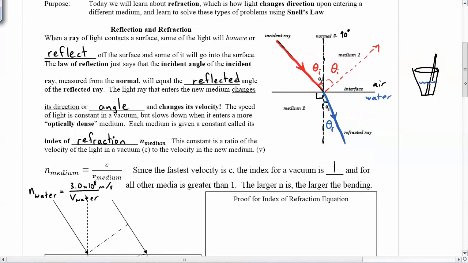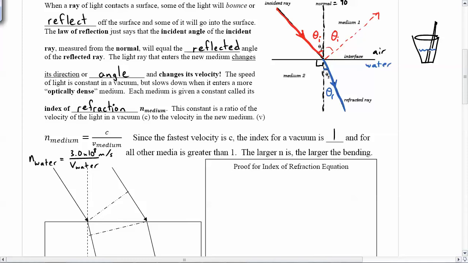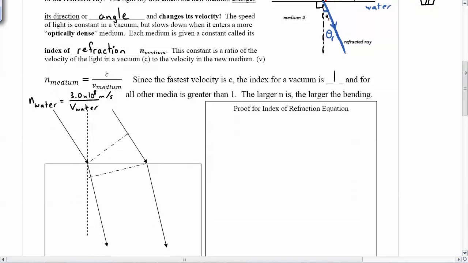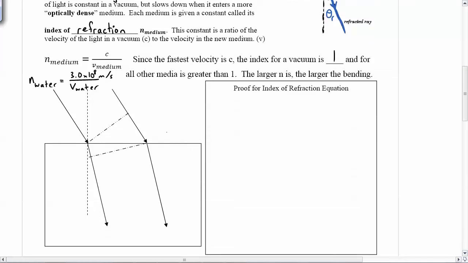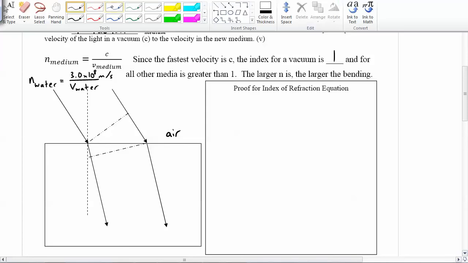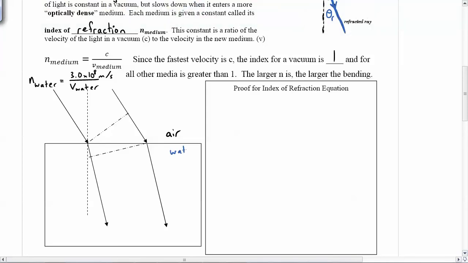And there's a relationship that we can use to calculate how much that light gets bent when it goes into a new medium. So let's imagine here that we have light that's traveling from something like air to something like water. The light slows down as it enters the water. Let me use red for air, actually.